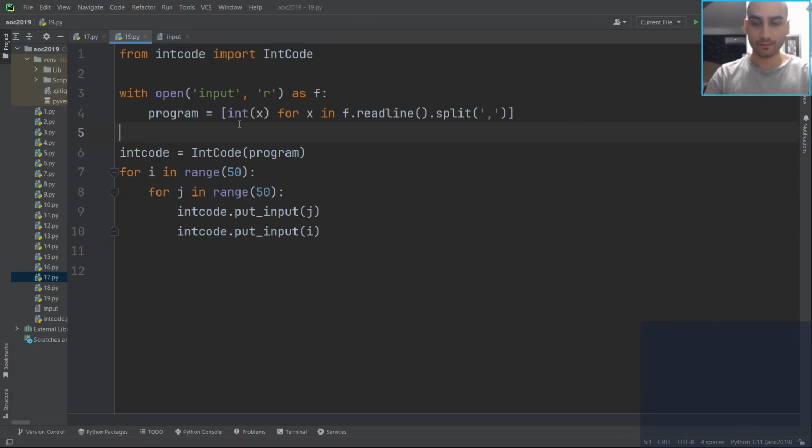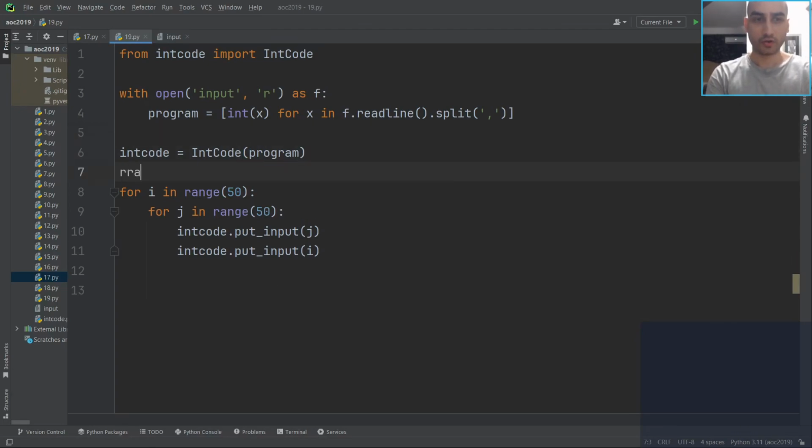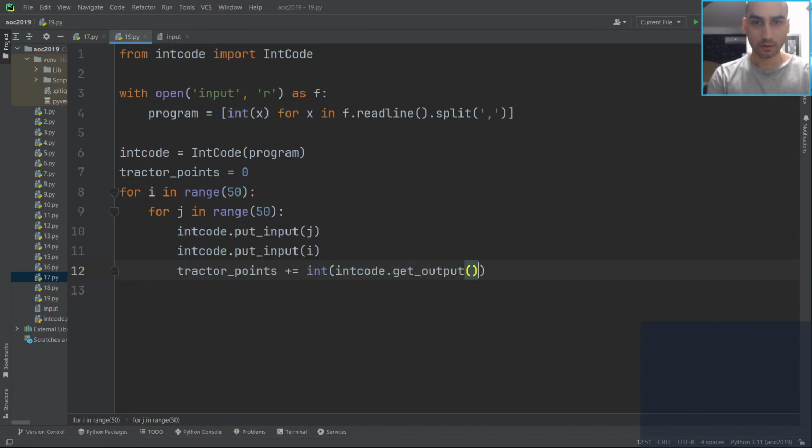So what we're trying to count is tractor points, I guess. So we do tractor points plus equal output, so that'll be a 0 or 1.